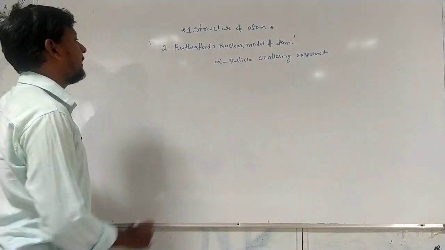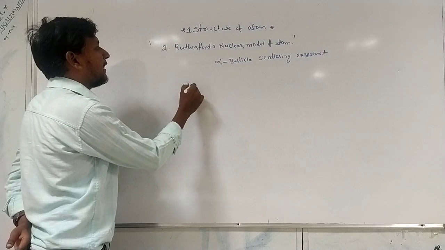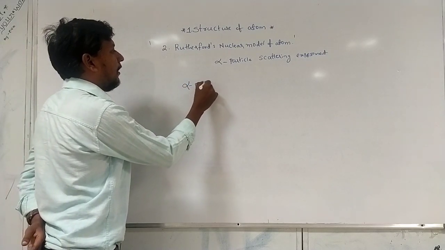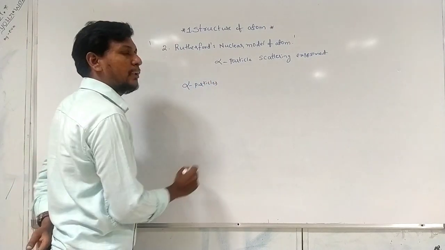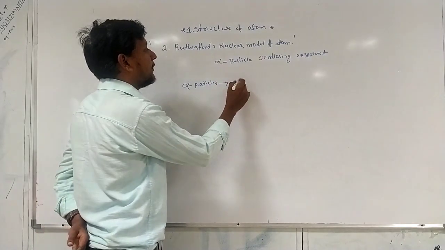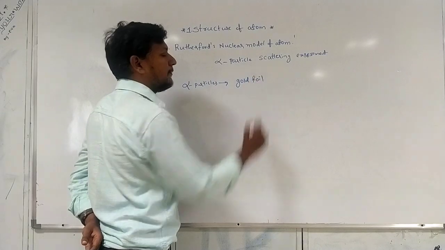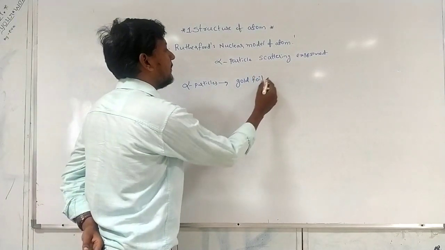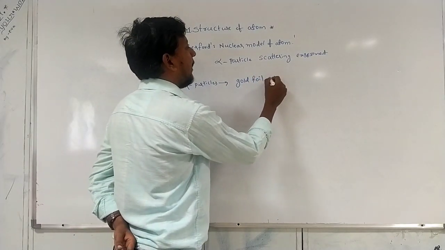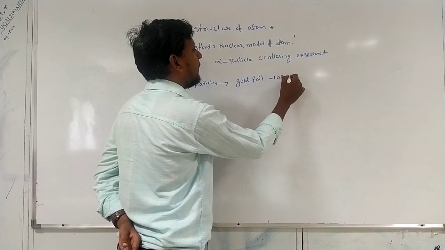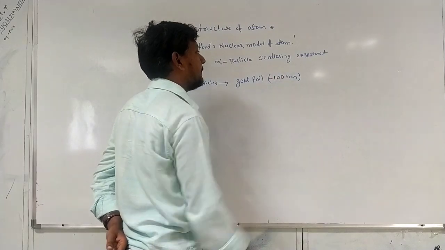In this experiment, alpha particles are bombarded on a gold foil, which has approximately 100 nm thickness.